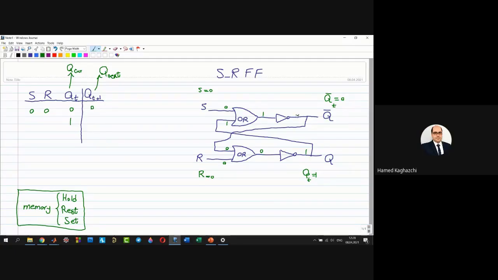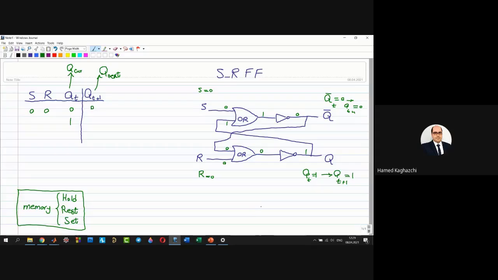This output is 0. Again, Qt 1, Qt plus 1 is 0. This 0 comes here, 0, 0, 0, 1. It means that Qt plus 1 again is 1. What happened?